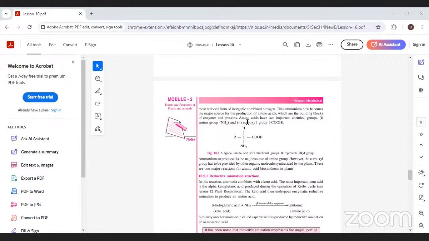Amino acids have two important chemical groups. One is the amino group. The second one is the carboxylic group. See here, this one is the carboxylic group and this one is the amino group. This is a typical amino acid with a functional group or alkyl group.